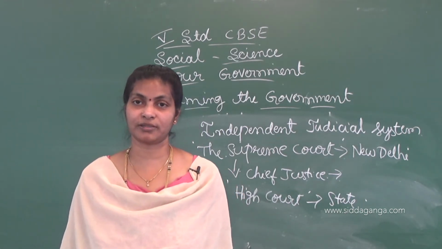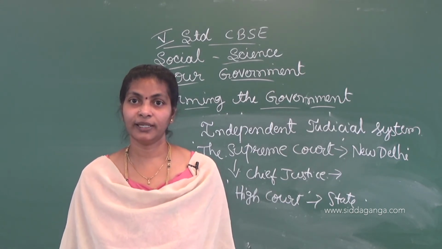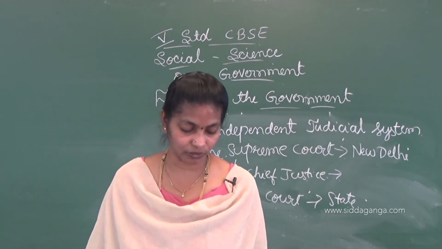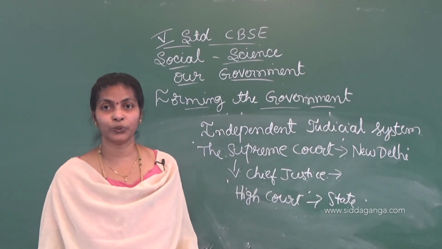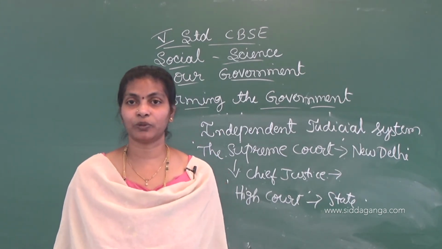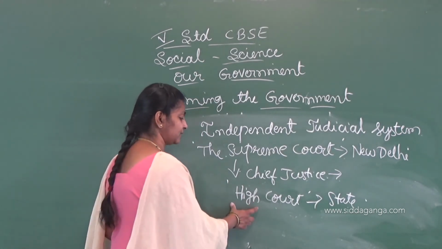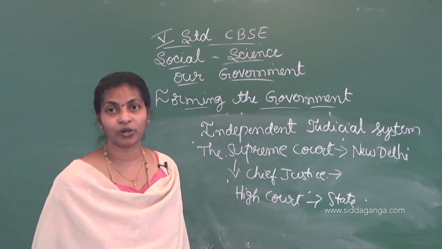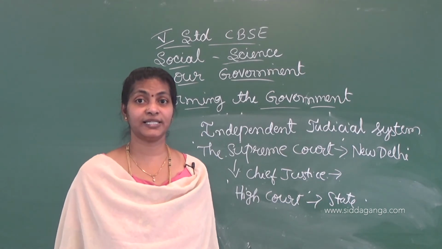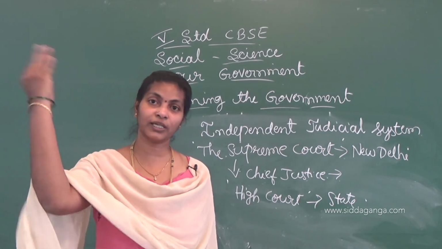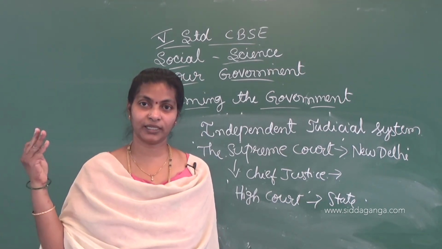Any decision of the High Court can be reviewed by the Supreme Court. When we do not get justice in the High Court, we can go to the Supreme Court in Delhi.